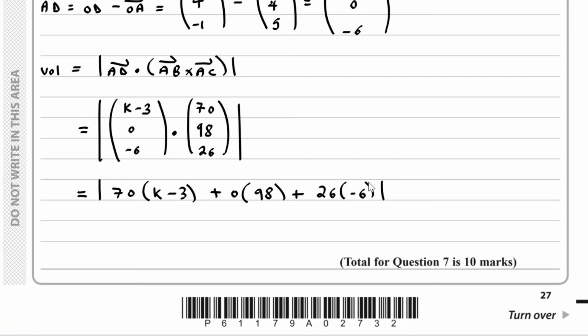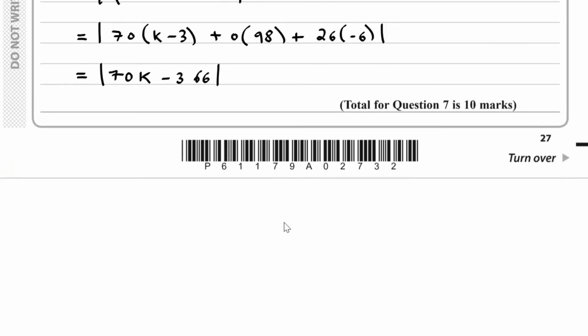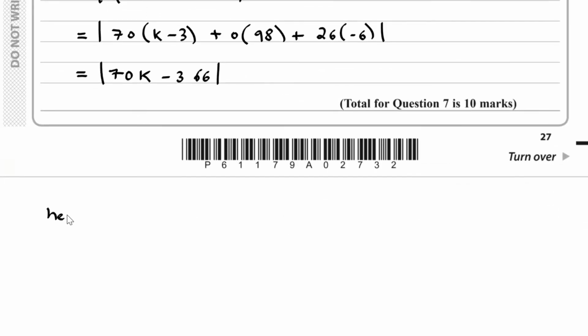Okay, so tidying this up a bit, we end up with the magnitude of 70k minus 366. Okay, so we have this.